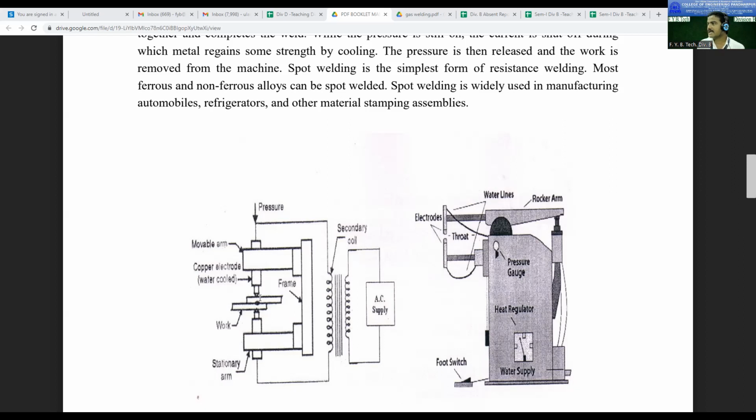Now if you compare arc welding and spot welding, in spot welding if the thickness of the plate is minimum, maybe 1 mm, 2 mm, okay, such range of thickness of the plate, we can weld it by using spot welding.